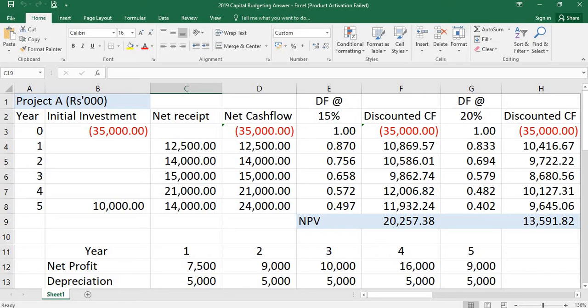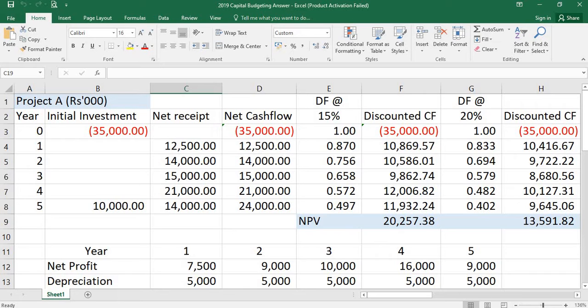So the cash outflow and the net profit after tax from year 1 to year 5 of both projects have been given. At the end, he is telling that machinery used for project A can be disposed for rupees 10 million at the end of the 5th year.